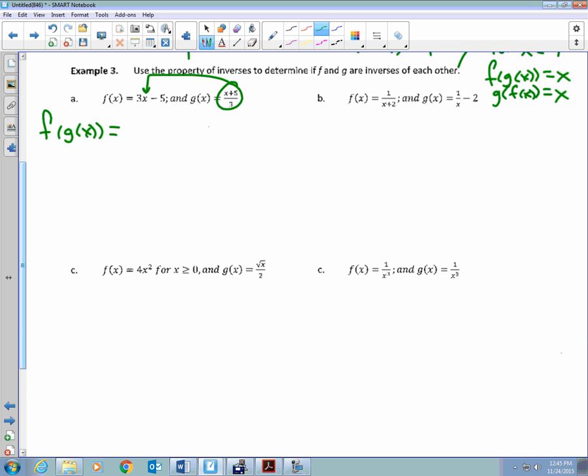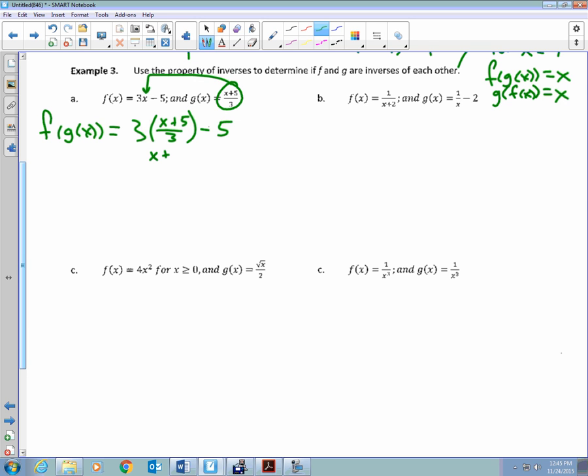We practiced this already in our assignment, didn't we? So we have 3 times, and I will always write my input in parentheses. (x plus 5) divided by 3, plus 5. What happens?